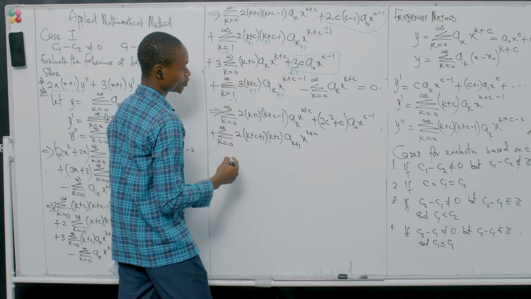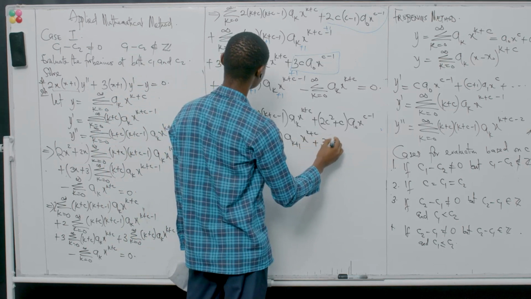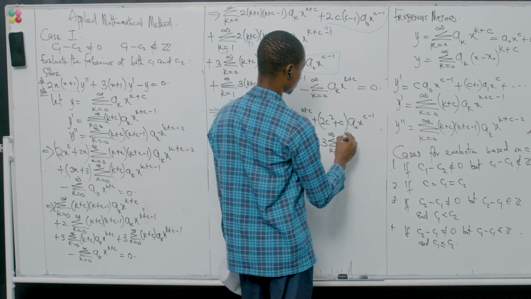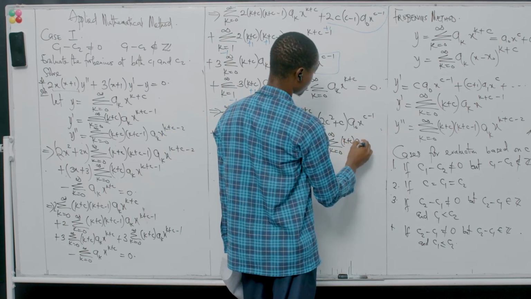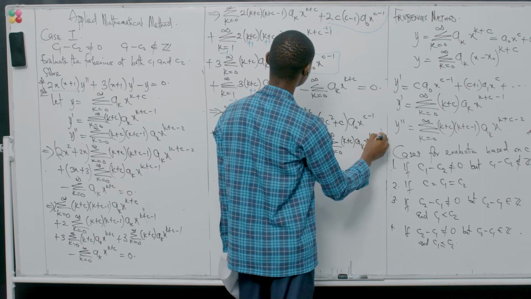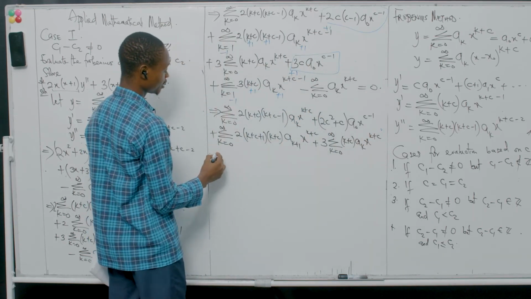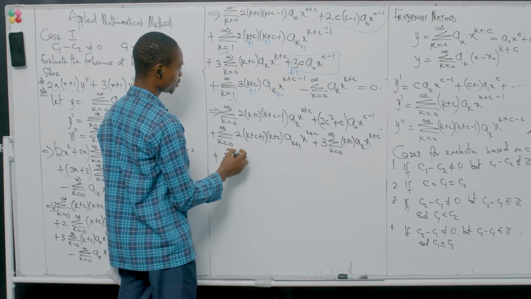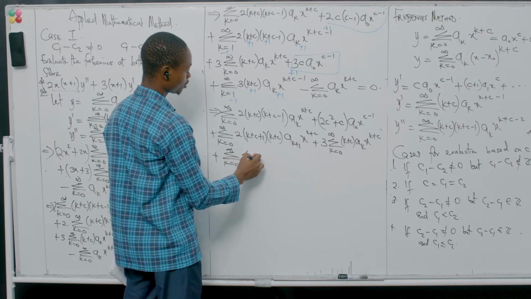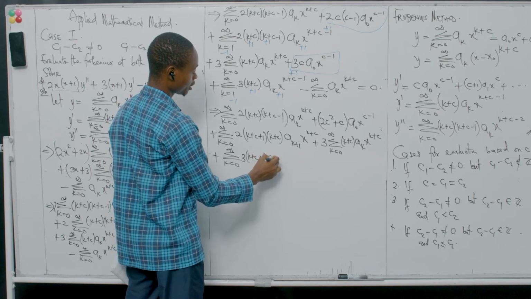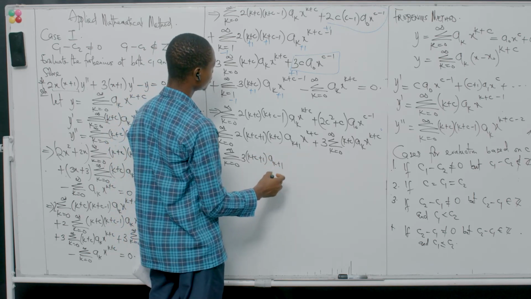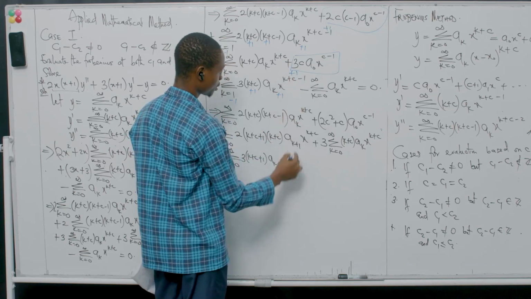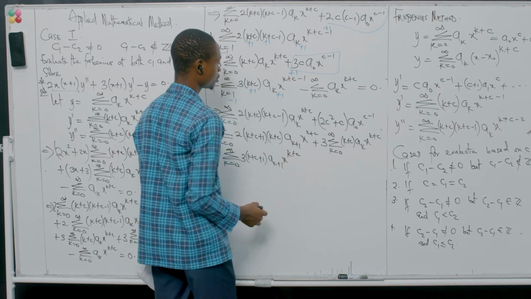Here we'll have plus 3 summation k starting from 0 to infinity, (k plus c) a_k x raised to power k plus c. And then finally, we'd have plus summation k starting from 0 to infinity, 3 into (k plus c plus 1) a_{k+1} x raised to power k plus c.